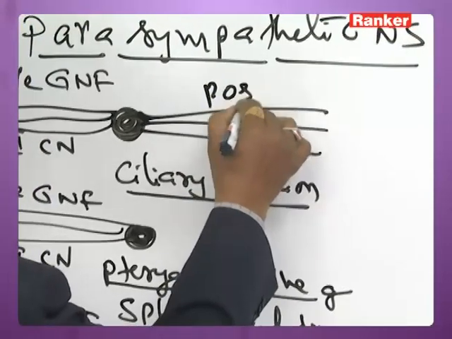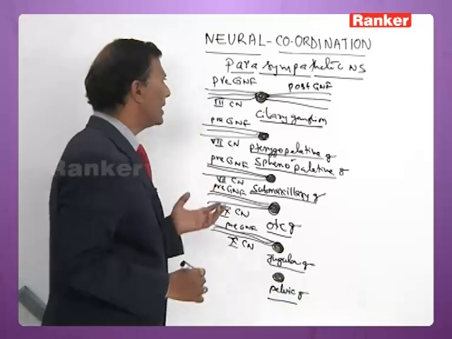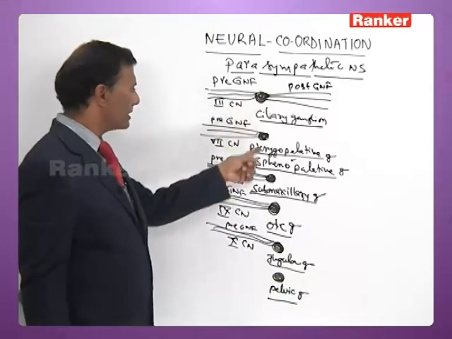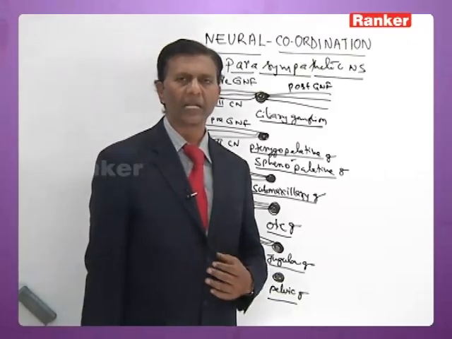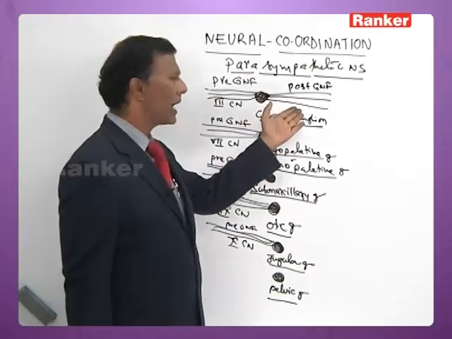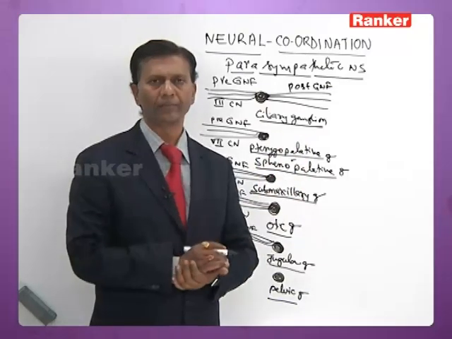All these are postganglionic nerve fibers. Now in the parasympathetic system, all these parasympathetic ganglions are in the vicinity of visceral organs. As a result, postganglionic nerve fibers are short, while preganglionic nerve fibers are long.